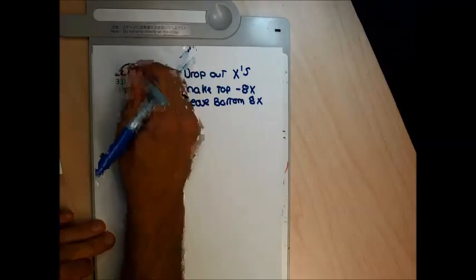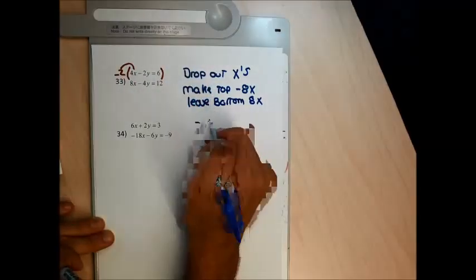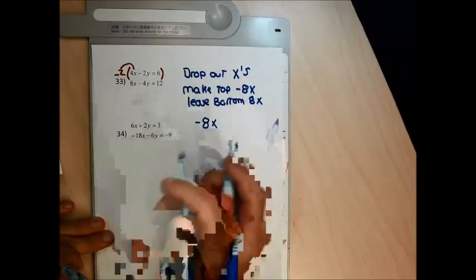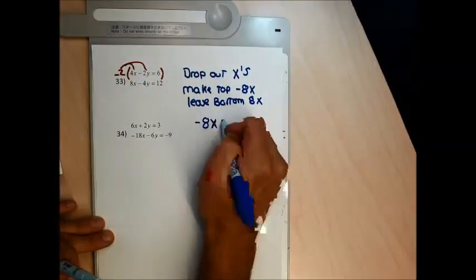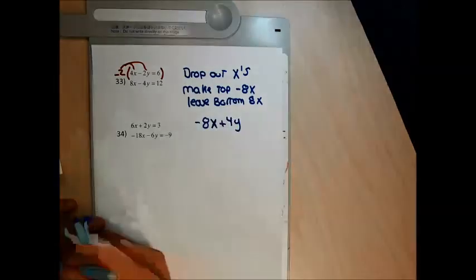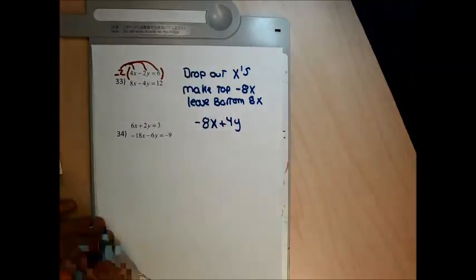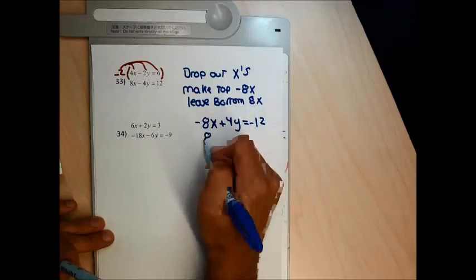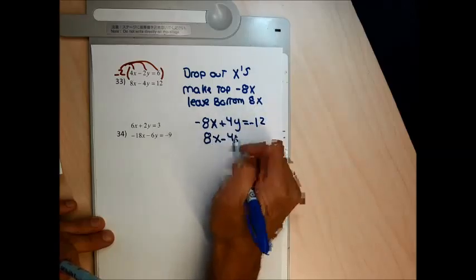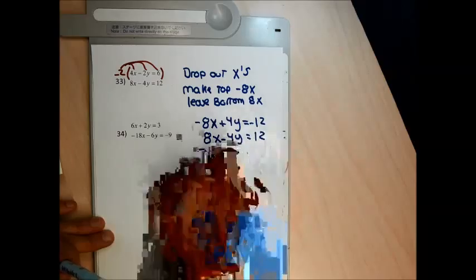So minus 2 times 4x gives minus 8x. Minus 2 times minus 2y gives plus 4y. And minus 2 times 6 gives minus 12. I'm going to leave the bottom equation, 8x minus 4y equal to 12.